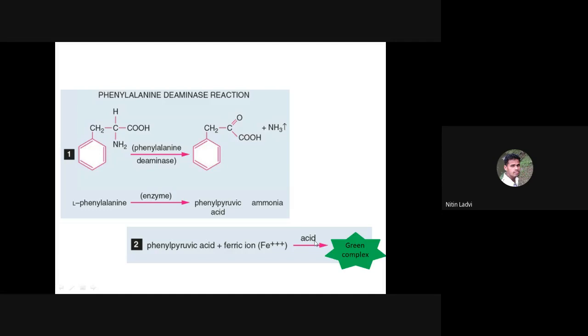We first prepare a 10% aqueous ferric chloride solution, that is, 10% ferric chloride solution in distilled water. That is acidified by adding 2.5 ml of concentrated hydrochloric acid, that is HCl, and that is used for this particular test.